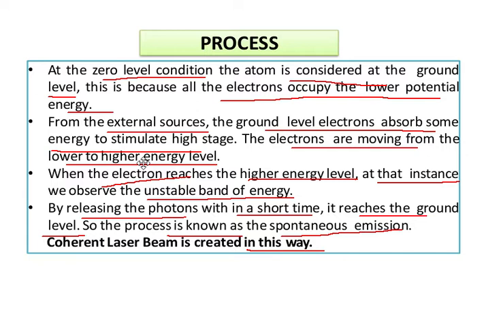The most interesting thing is that when the electron reaches the higher energy level, at that instant, an unstable band of energy is observed. Next, it starts releasing photons within a short time and reaches the ground level. Such a process is known as spontaneous emission, and this way the coherent laser beam is always created.